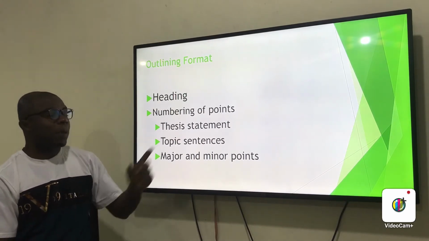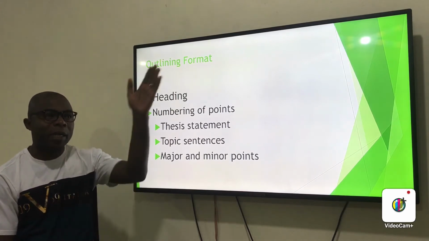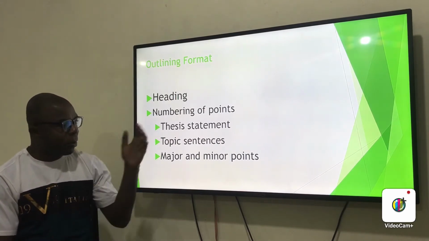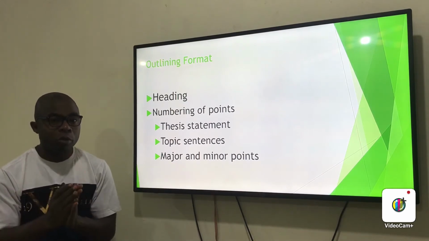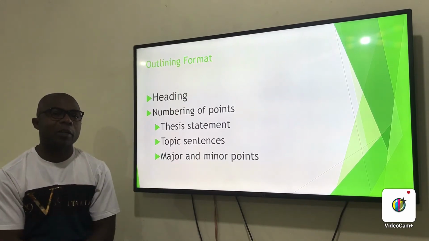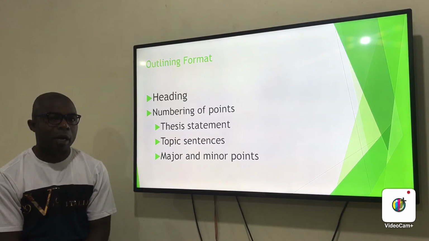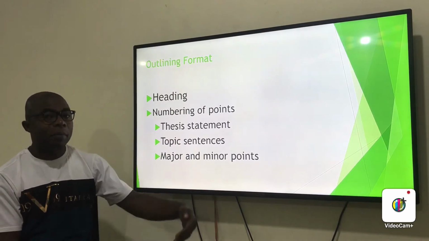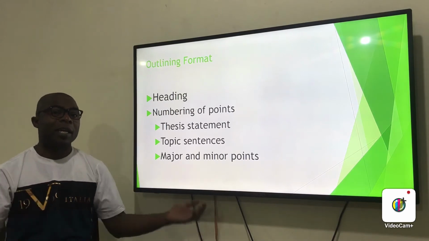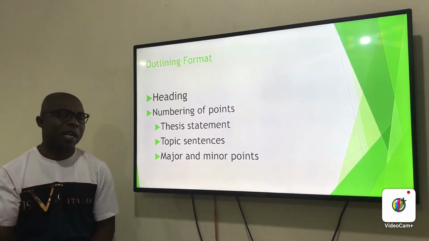And the points must be numbered. We have a numbering system. Many people use different kinds of numbering system. All you need to do is to be consistent in your numbering system as regards your outlining. And when we look at an example of an outline, we're going to see how the numbering is done. There are various kinds of numbering.